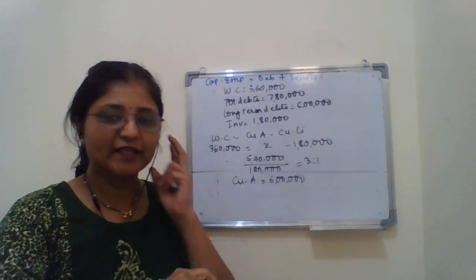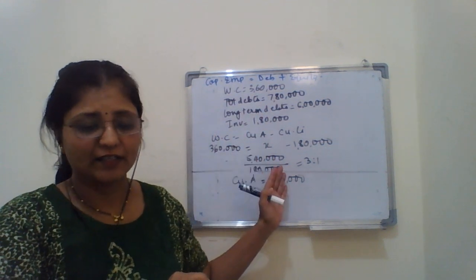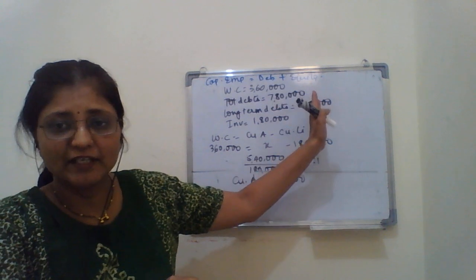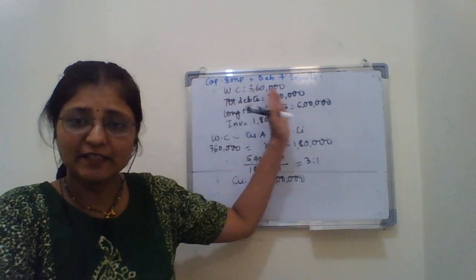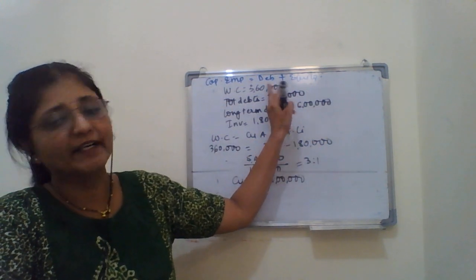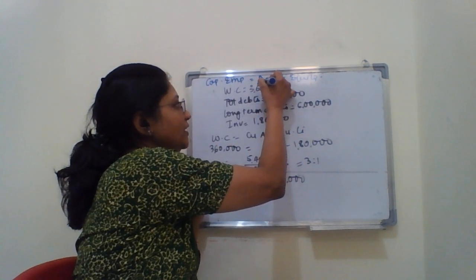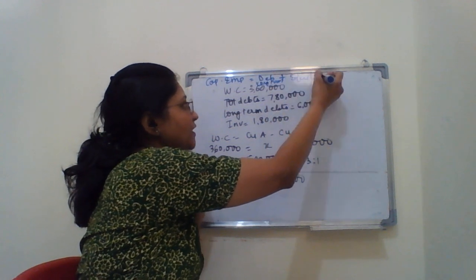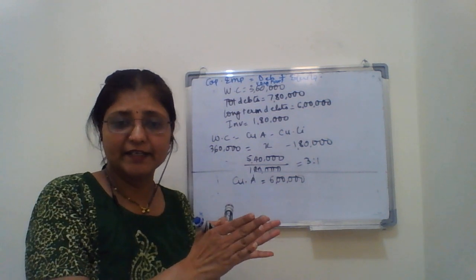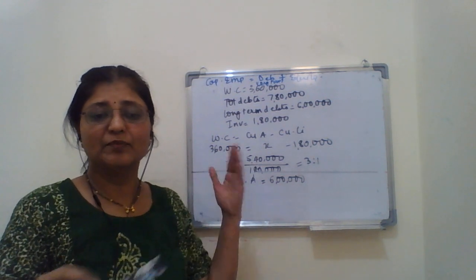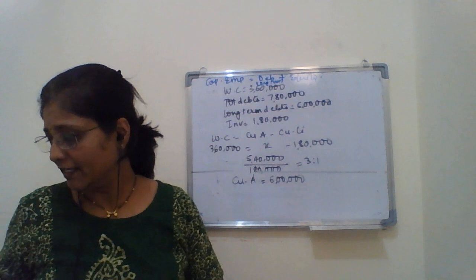To be more precise, long term debt plus equity will give you capital employed. But there is another thing on the liability side, which is current liabilities. And the totals of both the liability side and the asset side of the balance sheet should match.